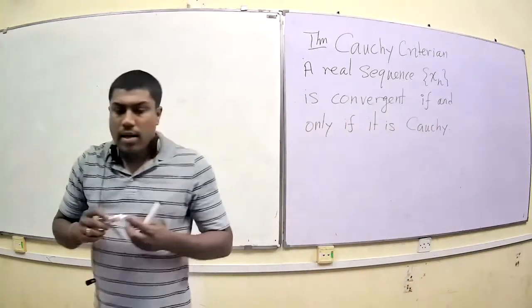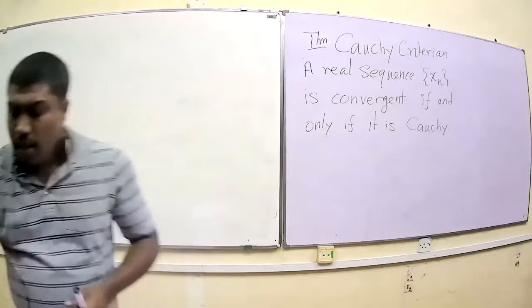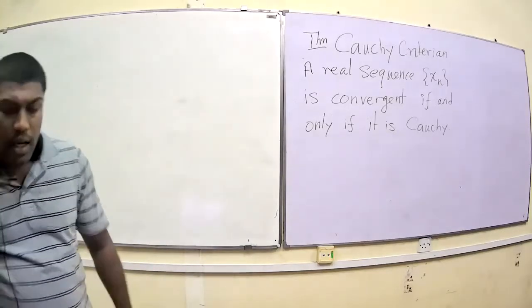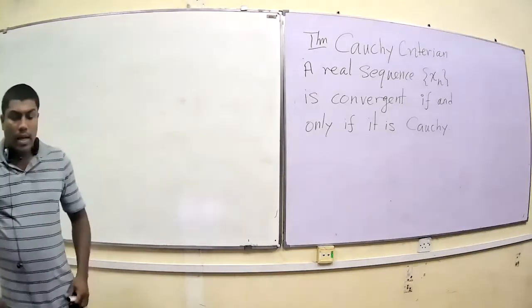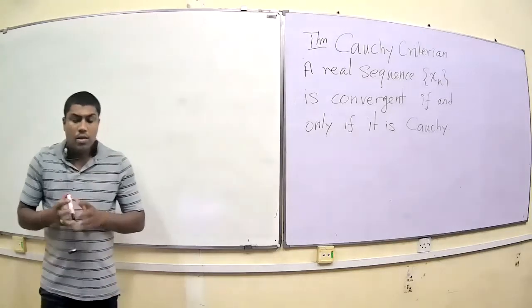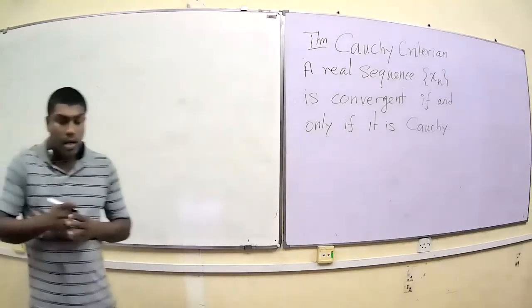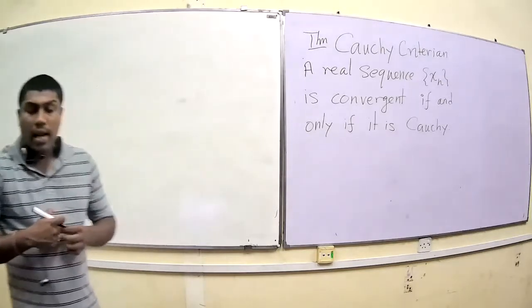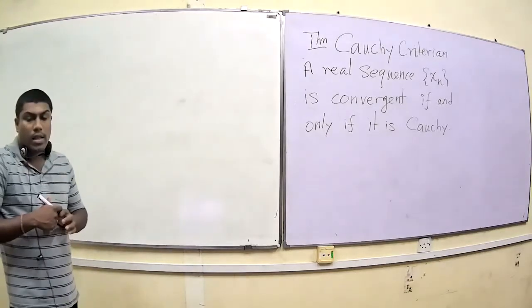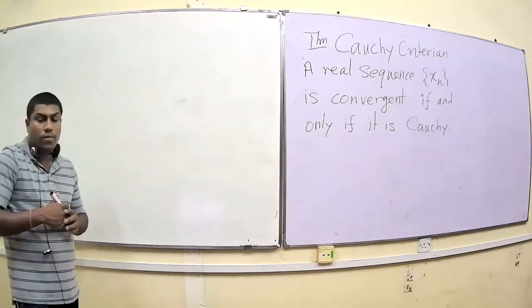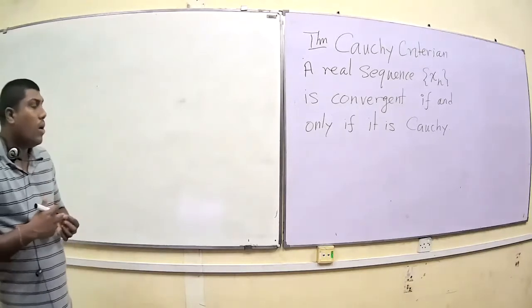We say that a sequence of real numbers is convergent if and only if it is Cauchy.